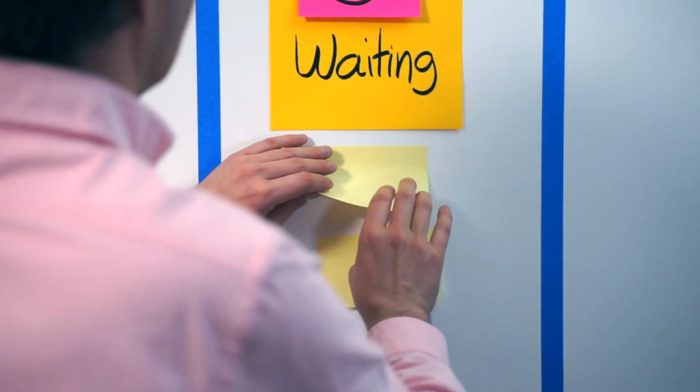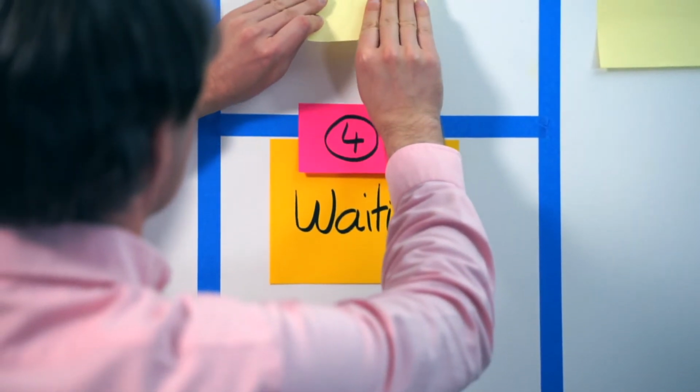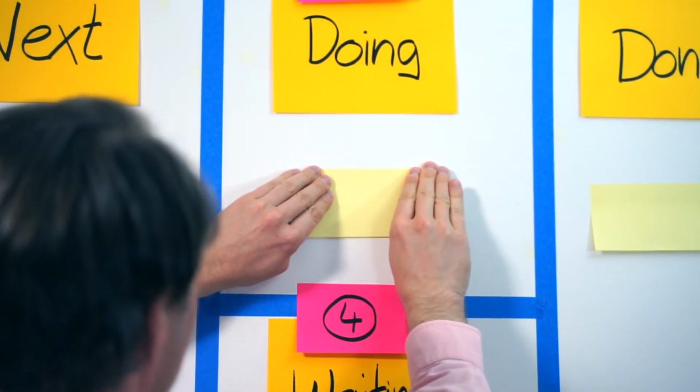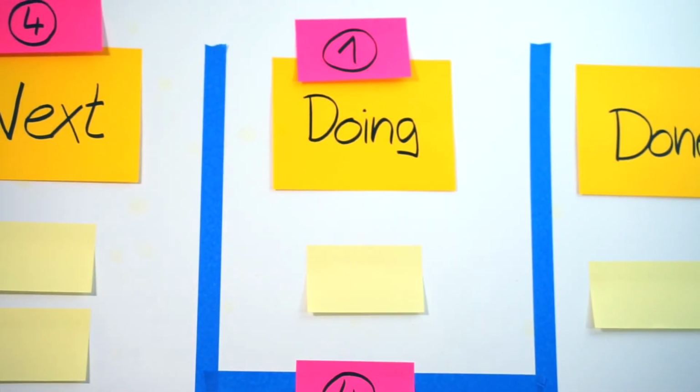That does not make sense at all. The second recommendation is to work actively on moving the stickies from waiting again to doing. Call people, remind them, offer them help, do whatever might be useful to have these stickies flowing again.